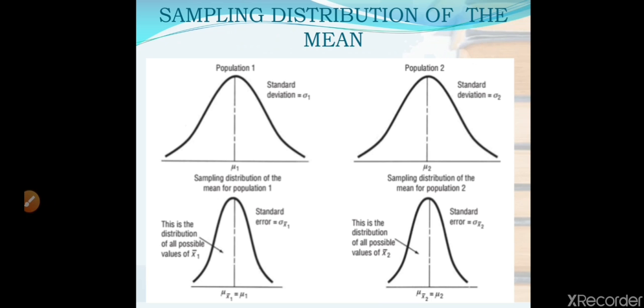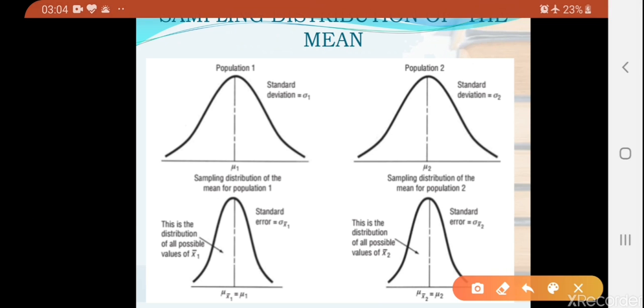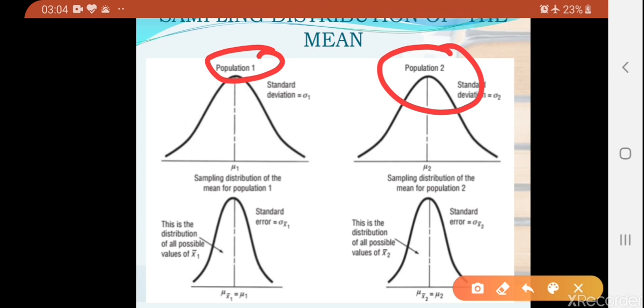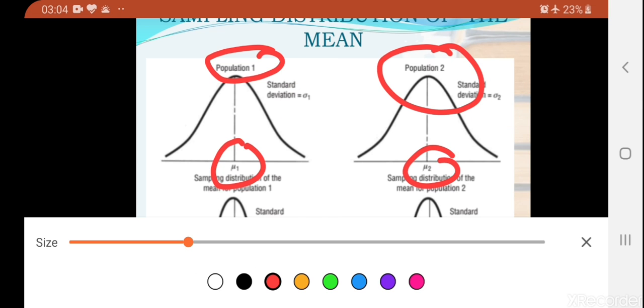Because we now wish to study two populations, not just one, the sampling distribution of interest is the sampling distribution of the difference between sample means. At the top of this figure, we have drawn two populations identified as population 1 and population 2. These two have the means mu1 and mu2 and the standard deviations sigma 1 and sigma 2 respectively.